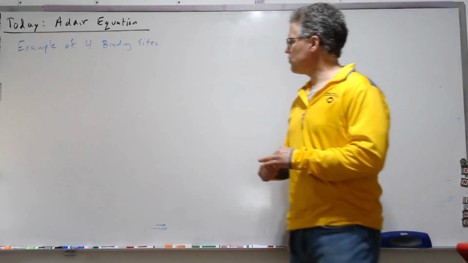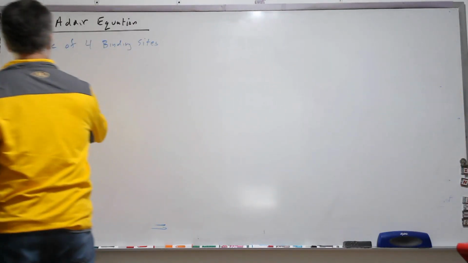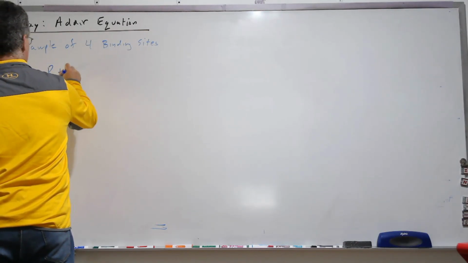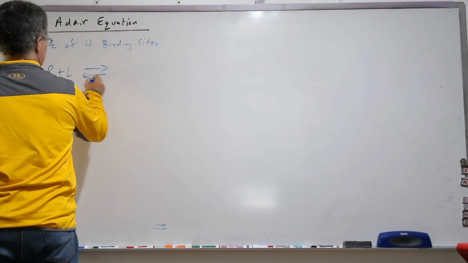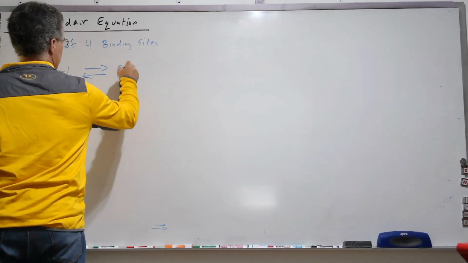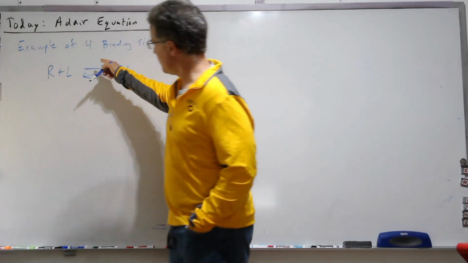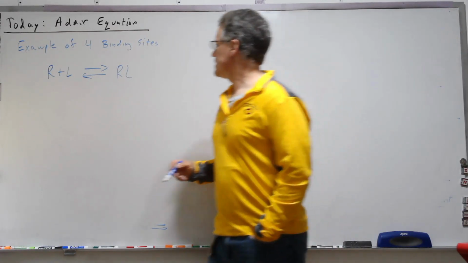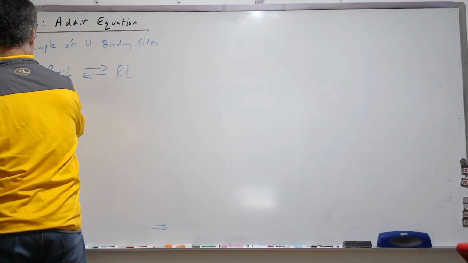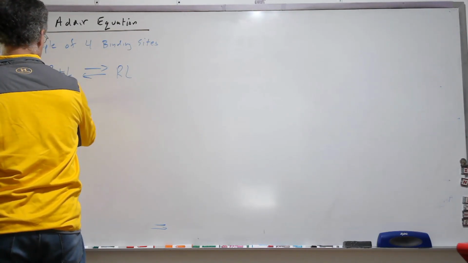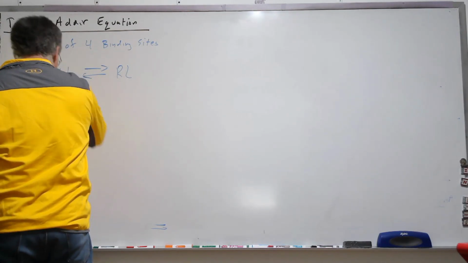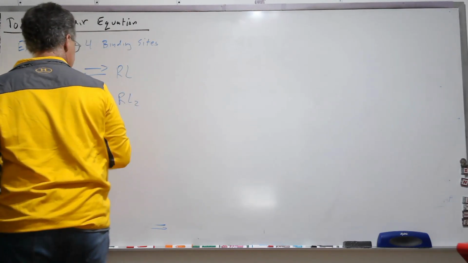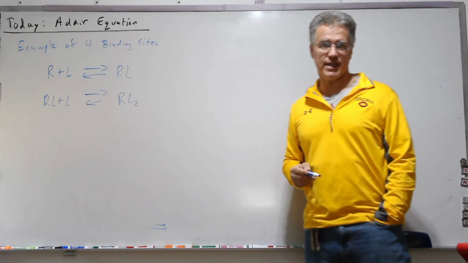All right, so how we do this is we set up 4 equilibrium equations. So we've got our receptor plus our ligand goes to our receptor ligand. I'm going to wait here a moment to put the equilibrium constant because there's a little bit to that. Then we have receptor ligand plus ligand goes to receptor ligand now with 2 ligands bound.